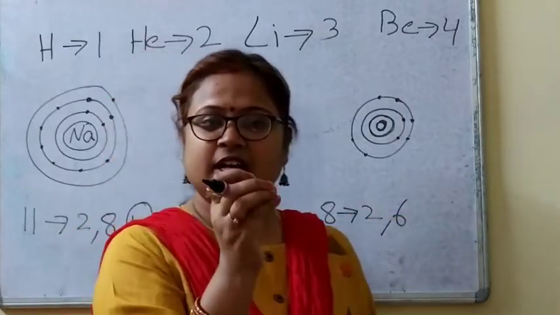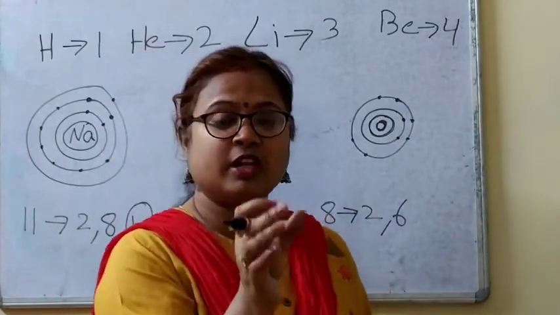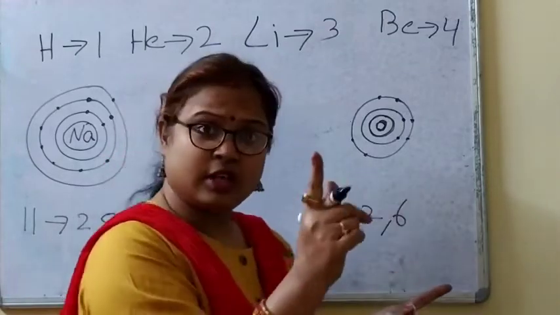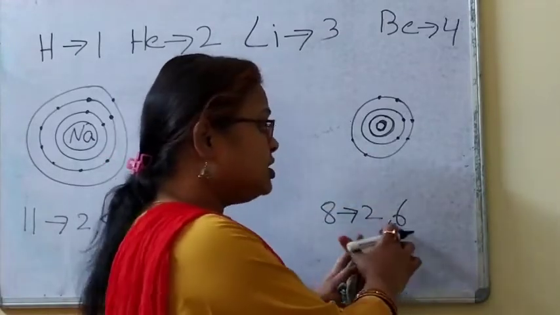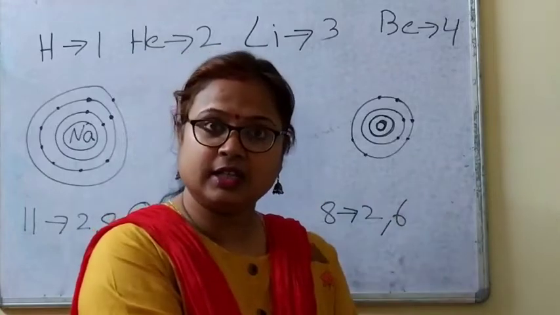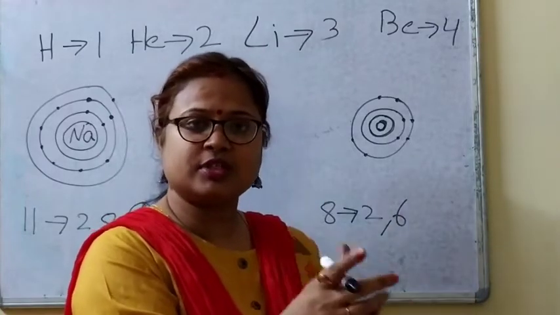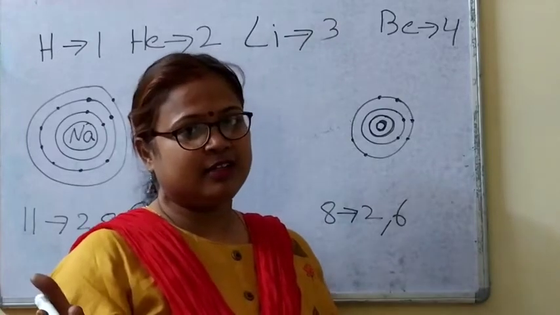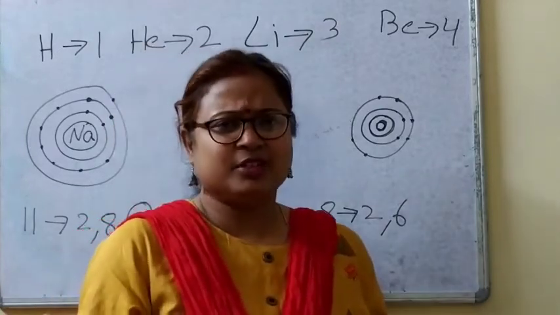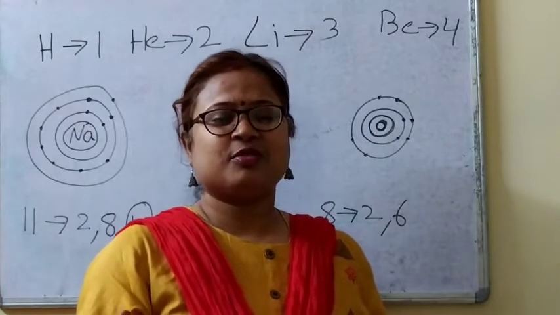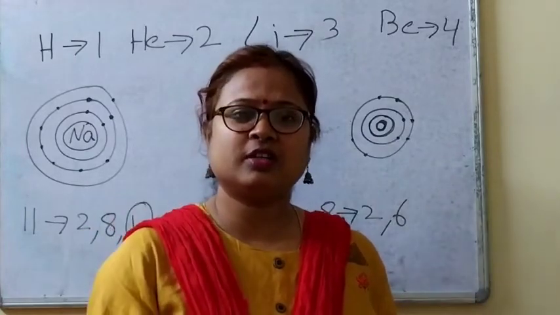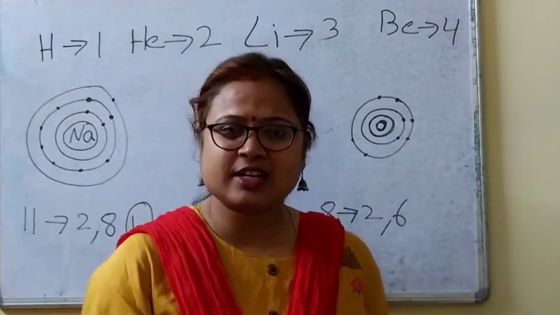Clear? They need 8 electrons in their outermost orbit, and in the case of oxygen, oxygen has two options. Either oxygen gives 6 electrons to the other element, or the second option is to take 2 electrons from the other element. Like a human being, without doing much work, oxygen also wants to get satisfied.